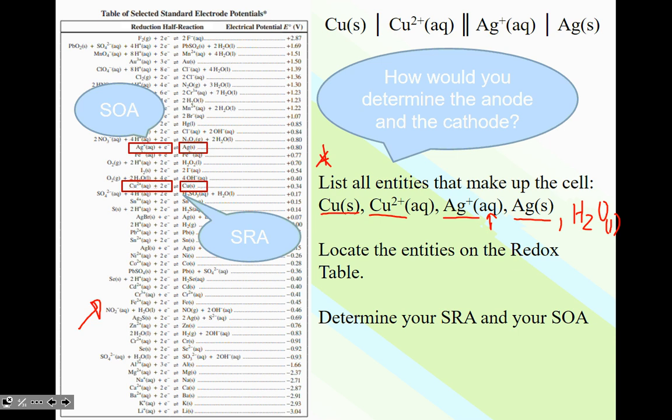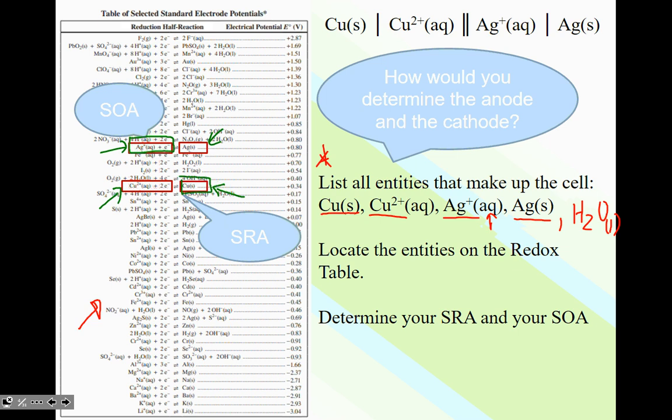We're going to locate the entities on the redox table. Here's our silver metal, here's our silver ion, here's our copper ion, and here's our copper metal. Once you've decided that, you have to figure out where your SOA and your SRA are. As you recall, the SOA is the highest on your left, and the SRA is the lowest on the right-hand side of the table.